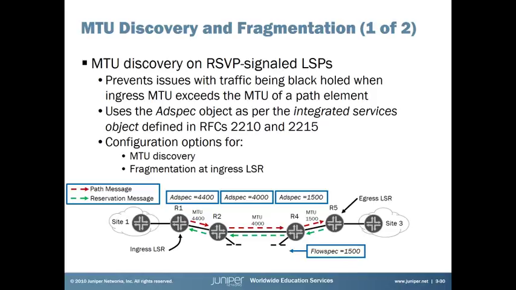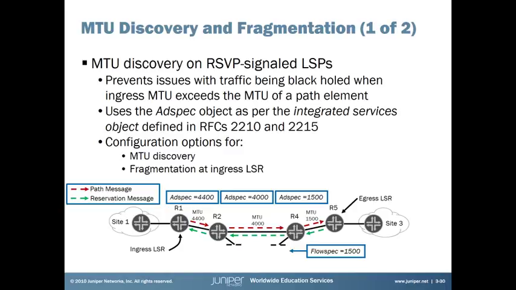This is a little bit about MTU discovery, which is, of course, maximum transmission unit discovery on RSVP signaled LSPs. So this function prevents issues with traffic being black holed when the ingress MTU exceeds the MTU of a path element.